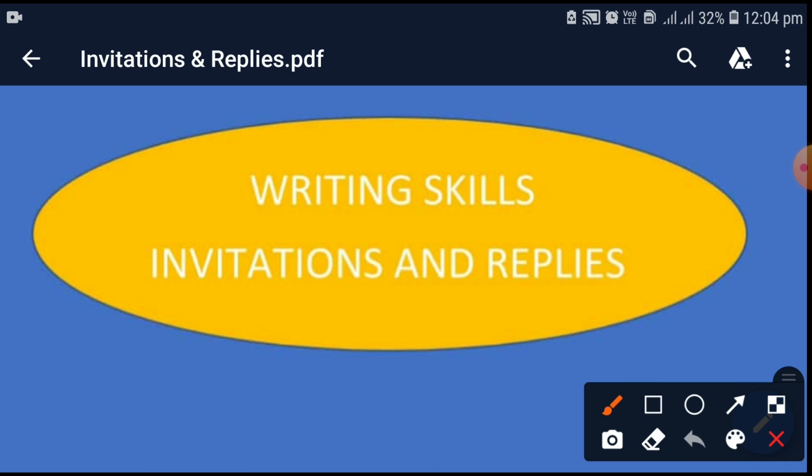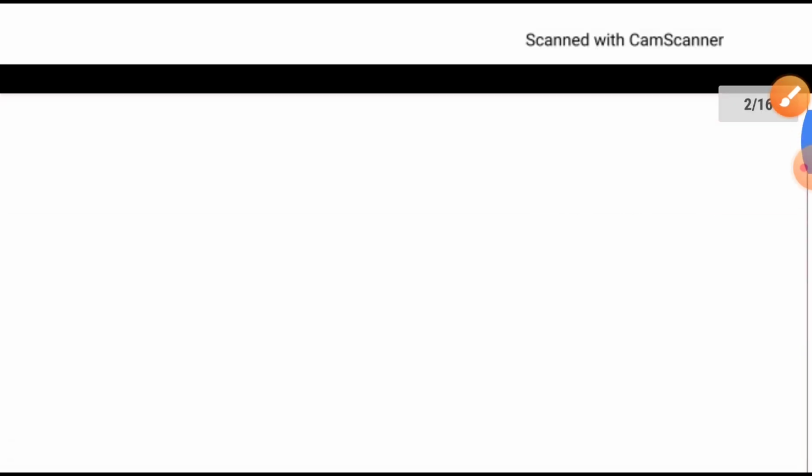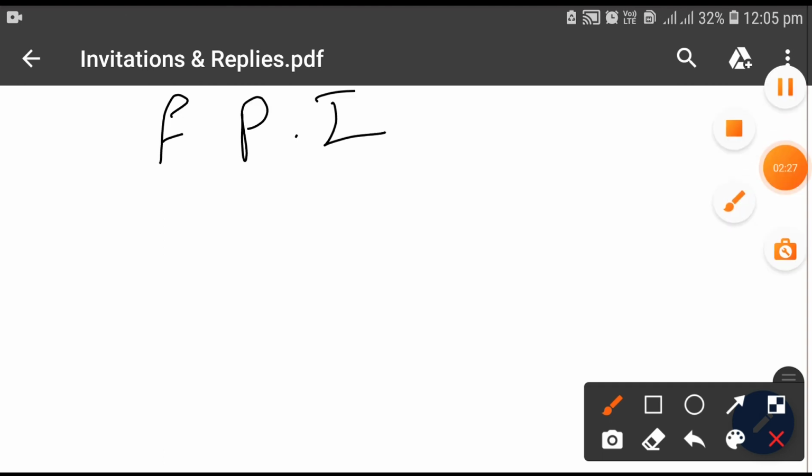Now I am going to tell you the structure of formal printed invitation. What is the structure of formal printed invitation?